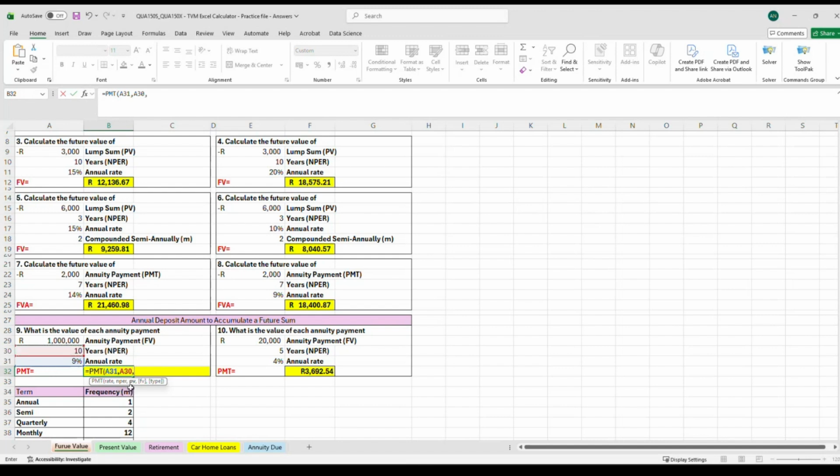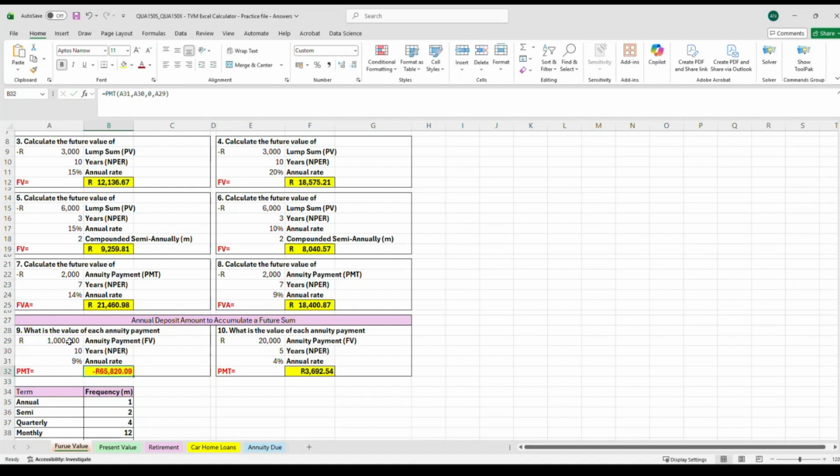Excel wants me to then select PV, but I don't have a PV here. With the other ones, I had a PV, but if you don't have that certain detail, you need to just type 0 and then comma. Then the next one is FV, which is what we have, future value. Then we select our future value. We close our bracket. We press enter.